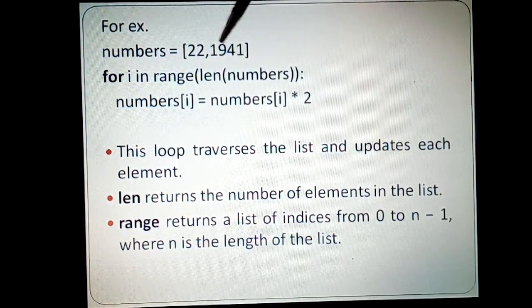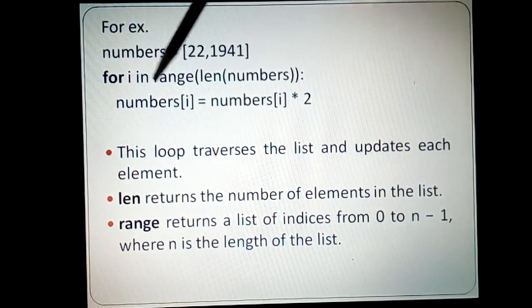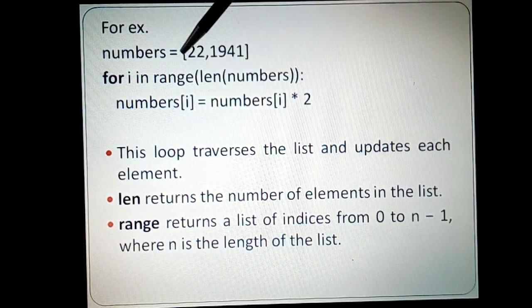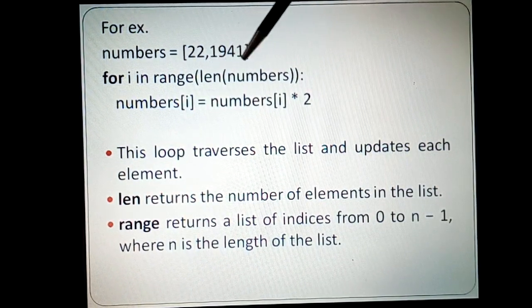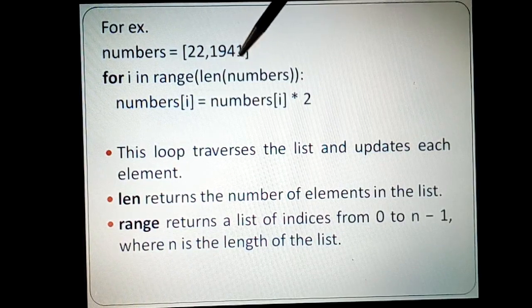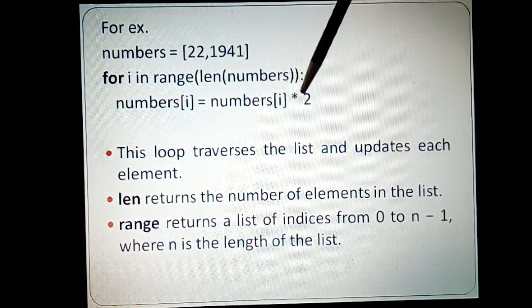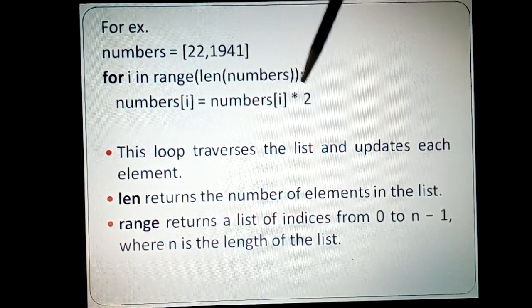So here the total numbers are 2, so I would get 2, and numbers of i equals numbers of i into 2. So what I'm trying to do is an operation wherein I'm taking the value of i from 0 to 1, not up to 2. 2 minus 1 is 1, so 0 and 1. So it will try to change the values by multiplying the existing value with 2.